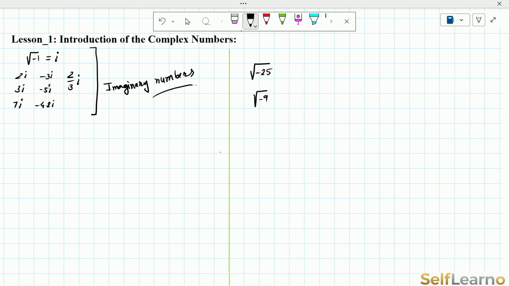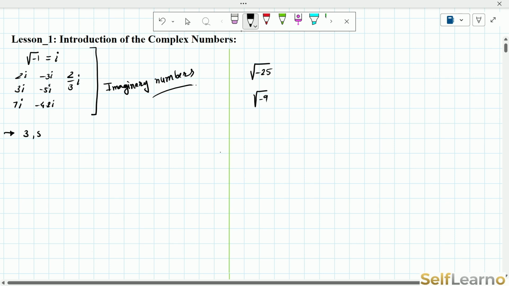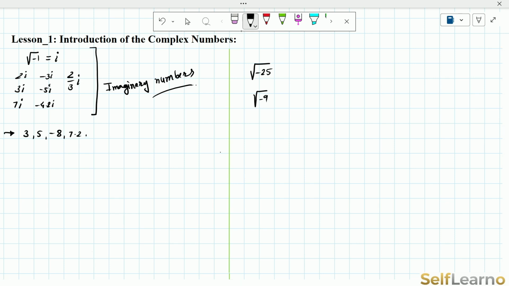My dear students, you very well know about the real numbers, even though I am listing them over here. There's 3, 5, negative 8, 7.2, 2 over 3. All these are real numbers.